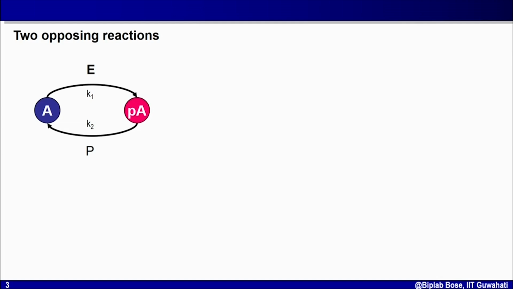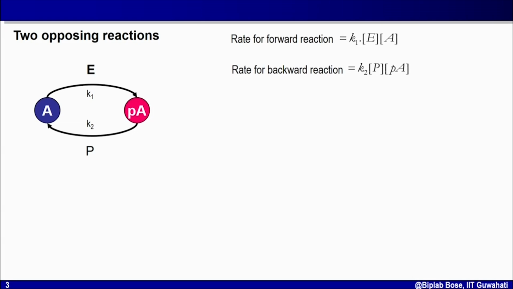And I want to write ODEs for this. So how can I write it? Look at the rate of the forward reaction, that is A to PA, given by K1 into E into A. K1 is the rate constant for the forward reaction, E is the concentration of the enzyme, and A is the concentration of the substrate, that is the unphosphorylated molecule.